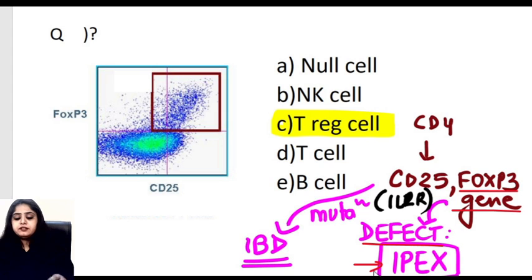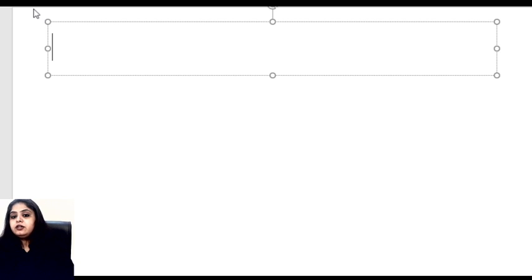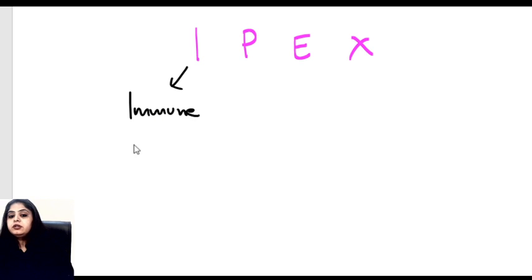I hope everyone is aware of what is IPEX. For those who don't know, we can definitely put it out for them. IPEX is an acronym where every alphabet carries a different word. I stands for immune dysregulation, because ultimately the immune cells are going to get affected.